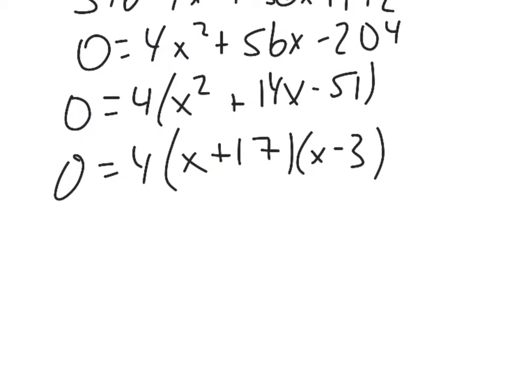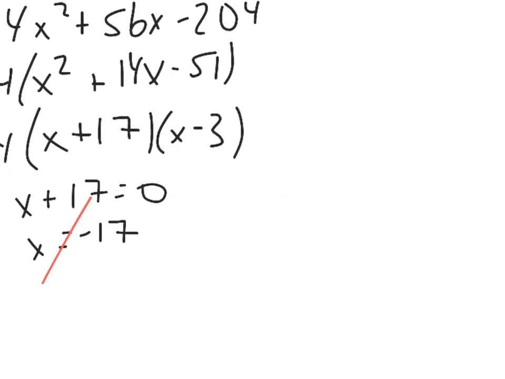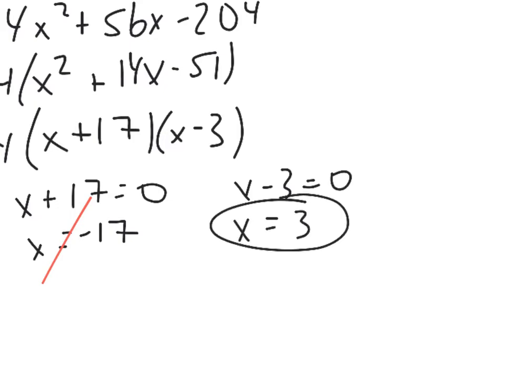I can get 0 equals 4, not possible. X plus 17 equals 0, so x equals negative 17. We can't have a distance of a walkway that's a negative number. Not possible. And then the last one, x minus 3 equals 0, so x equals 3. That's a positive dimension that we can have.